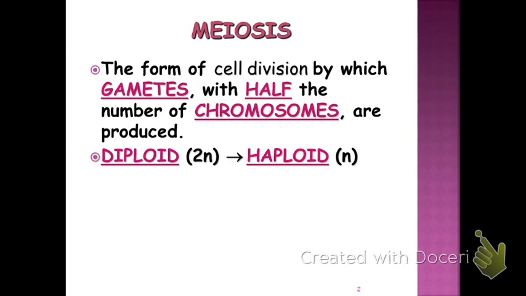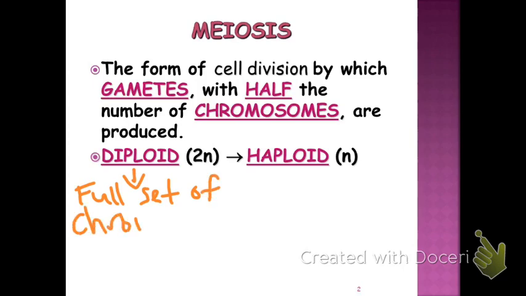Right, so two more vocab words I want to go over before we go into any more notes are diploid and haploid. So a diploid cell, right, is a cell with a full set of chromosomes, right? In humans, this is 46, okay?